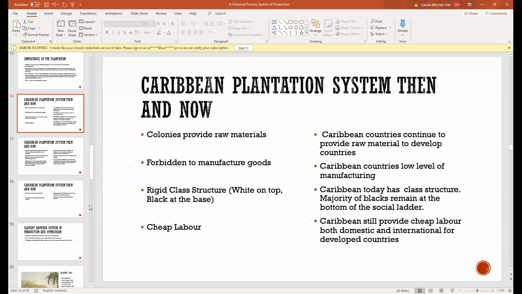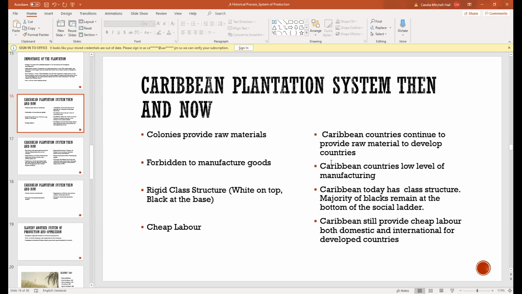We send the mango from here to North America. They do their things to it and send it back to us in the form of a tin, right? So things like that.